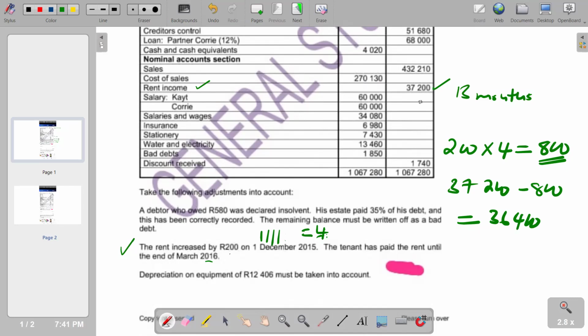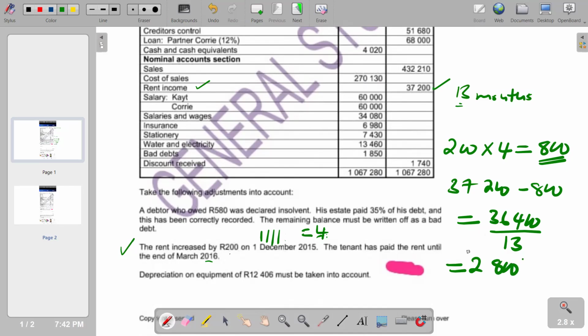And we know that there are 13 months inside. So if you divide by 13, you get the rent income before the increase. We get 2,800. So 2,800 is the rent income before the increase per month.